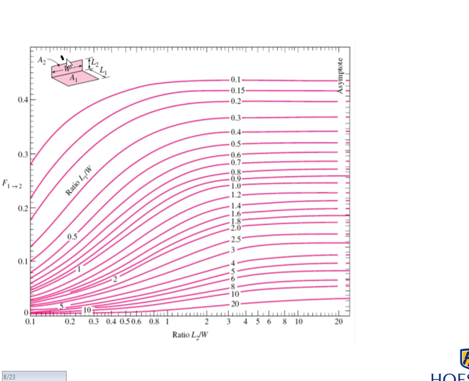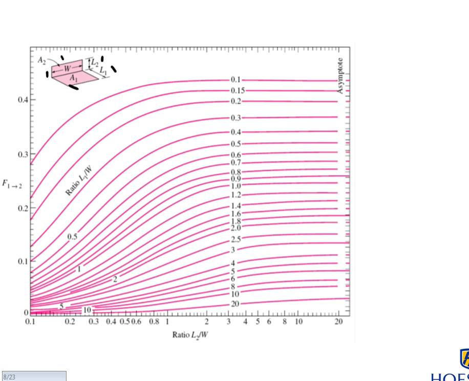We have two planar surfaces perpendicular to one another. Thing to be careful of in this graph, their notation is that A1 is on the bottom, and therefore L1 goes along with that bottom surface, and L2 is the vertical surface that goes along with area A2. So our geometry is named somewhat differently, but we'll account for that.